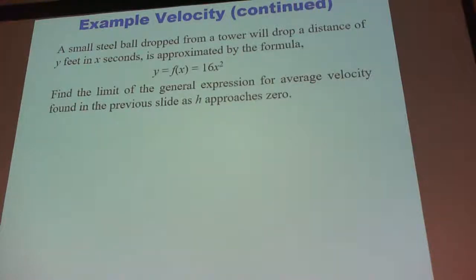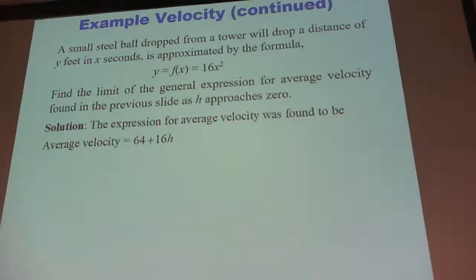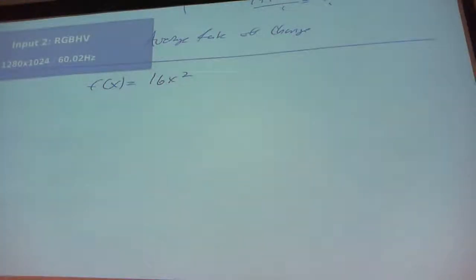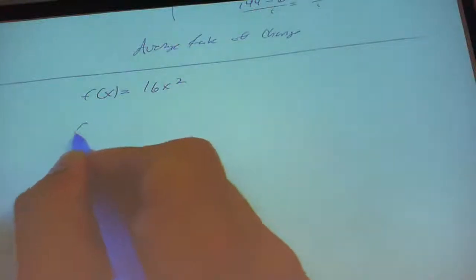Now, find the limit of the general expression for the average found in the previous slide as h approaches 0. So basically, if I take 16x squared, and this is where we're going to work today, and I want to plug it into this function.